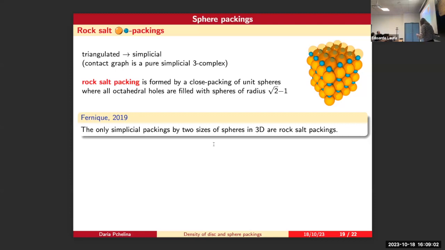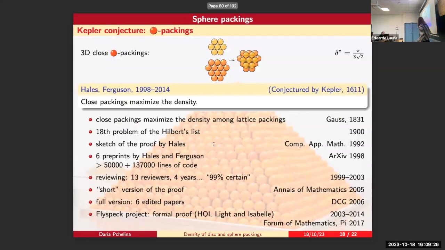More seriously, we hope to use our methods from 2D on triangulated packings and apply them in 3D. So the first step is to find triangulated packings in 3D, which would be simplicial. That means the contact graph of my sphere packing should form a pure simplicial complex, that is, it consists of tetrahedra. For one size of sphere, there are no simplicial packings, because the cannonball packing is not simplicial.